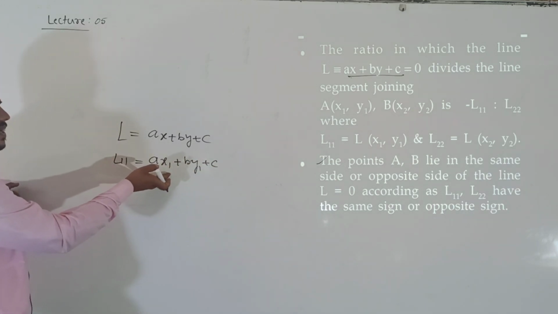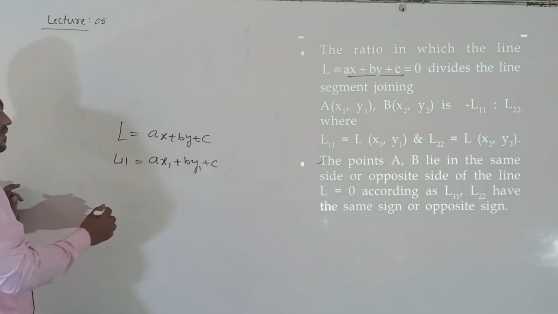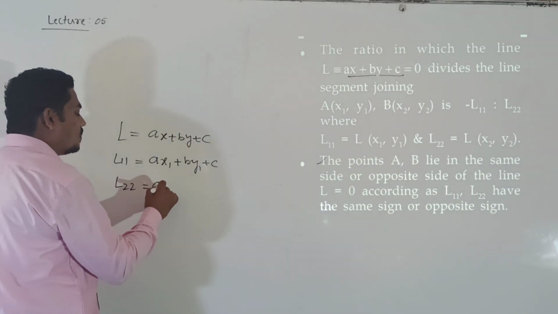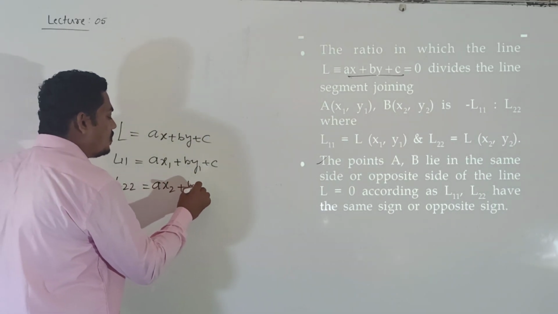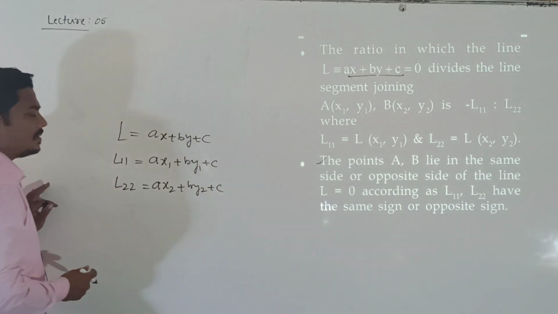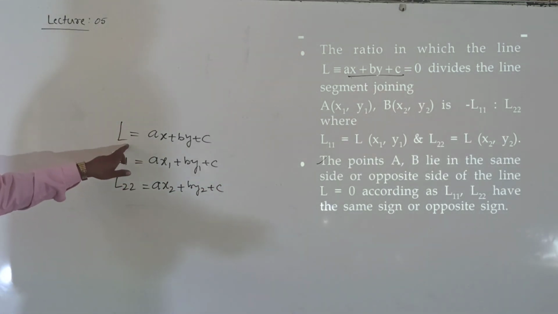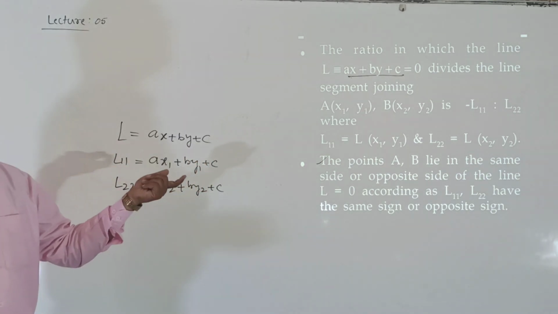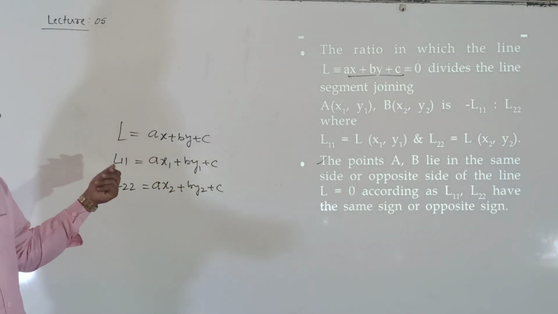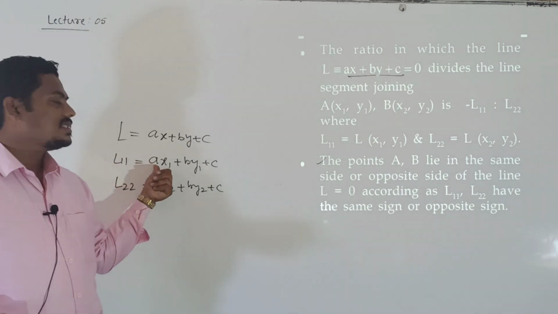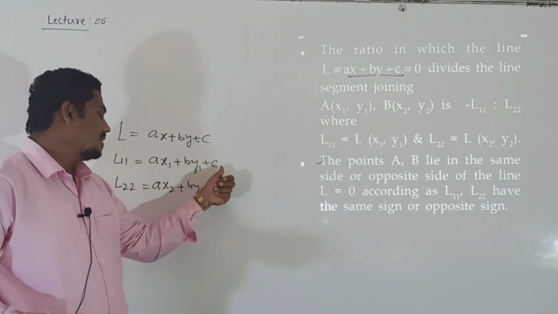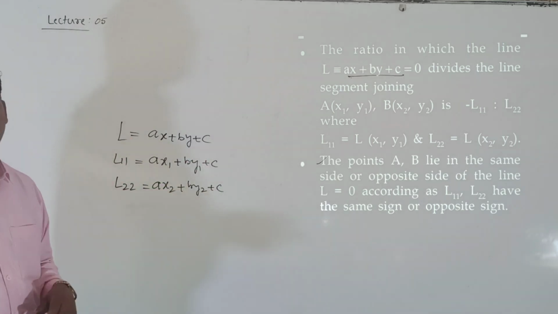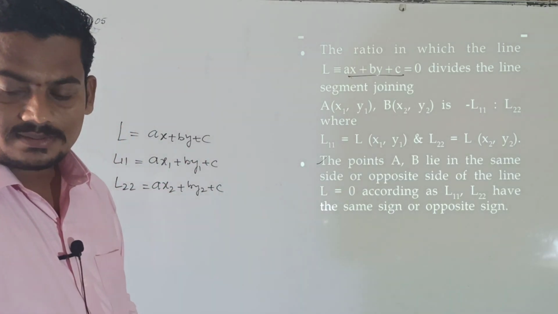Then what is L22? If you put x2, y2, it is L22, ax2 plus by2 plus c. Just remember the notations. L means ax plus by plus c. L equal to 0 means ax plus by plus c equal to 0. L11 means ax1 plus by1 plus c. L22 is ax2 plus by2 plus c, right? Next point.